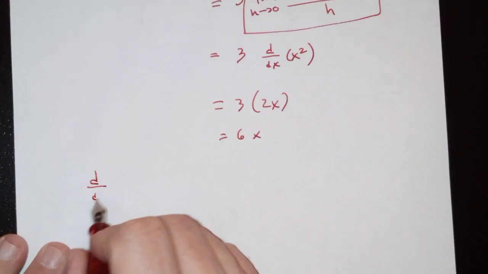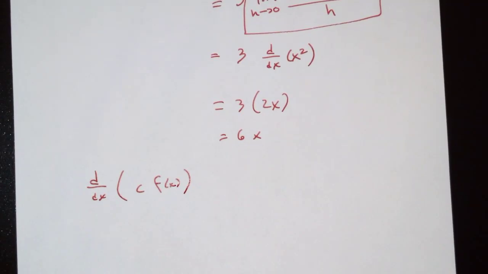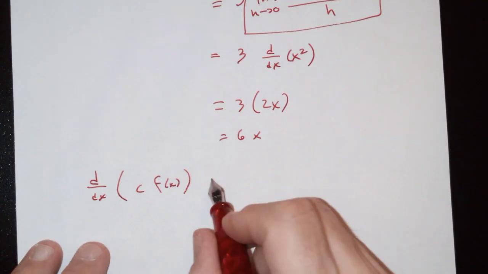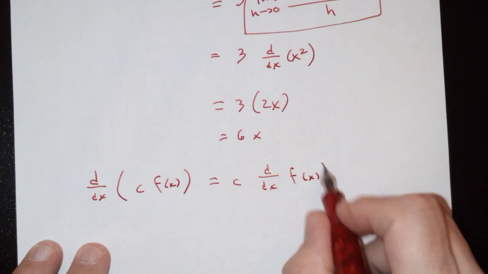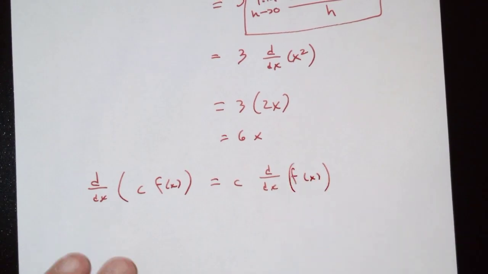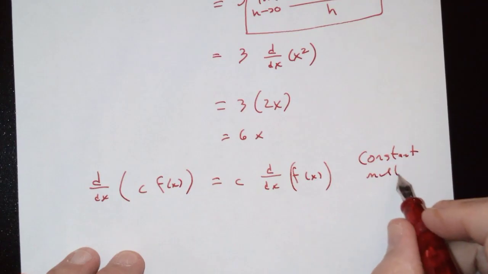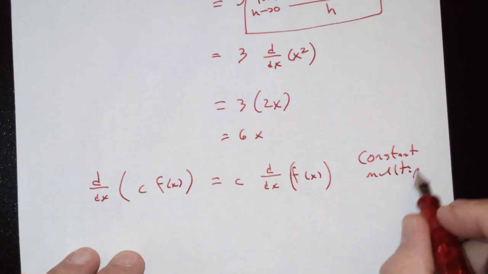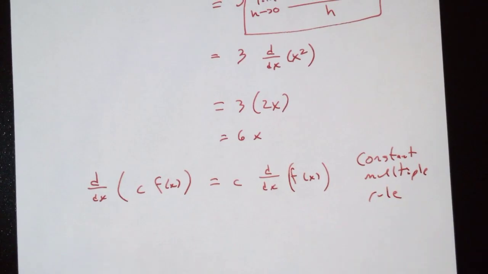The derivative of constant times thing is constant times the derivative of the thing. If I have any constant at all, I can take it out front.